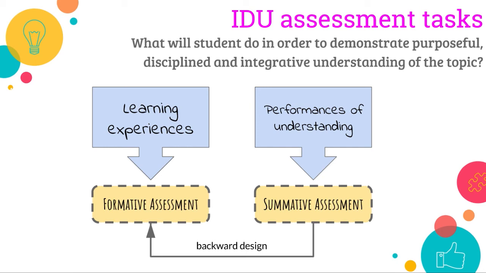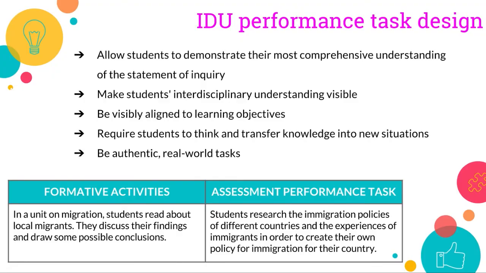How should this be done in order for students to build their knowledge in a natural way? We should start from the very end using a strategy called backward design, which was suggested by Wiggins and McTighe. So the final performance task, you should design it in a way that allows the students to demonstrate their most comprehensive understanding of the statement of inquiry.